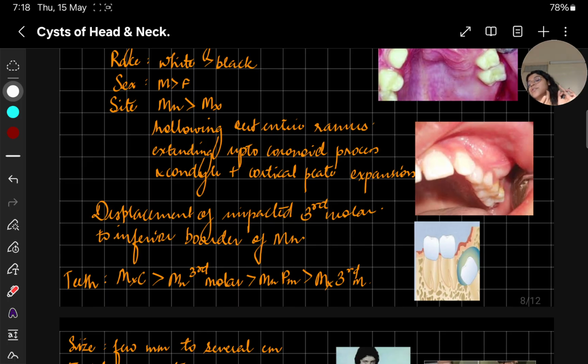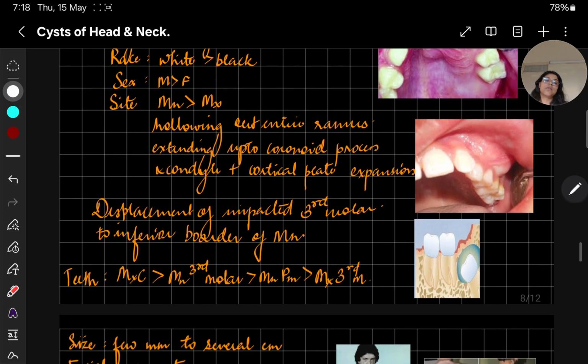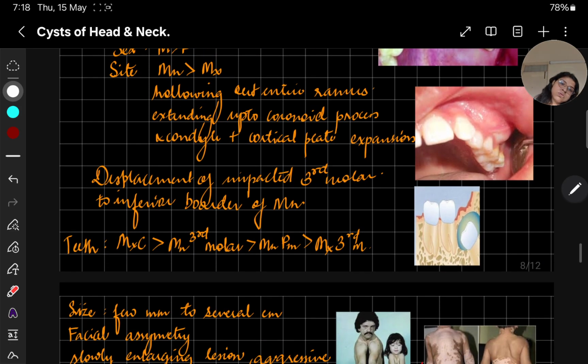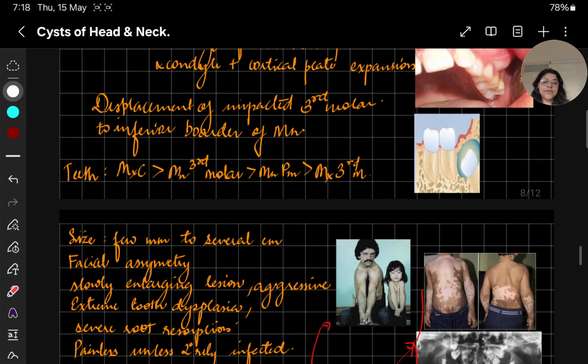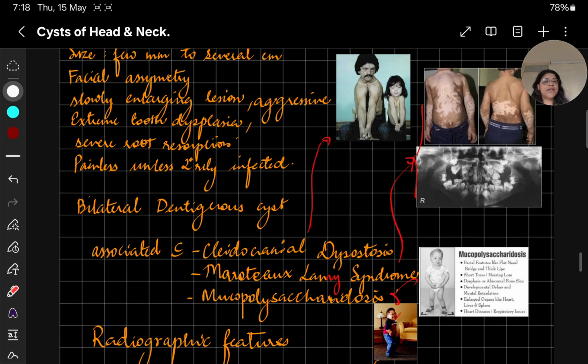Here, it reaches here. The teeth most commonly affected are the maxillary canine, as you see in this picture. No, this is not a maxillary canine. Either it is maxillary canine, mandibular third molar, mandibular premolar, or maxillary third molar. Now we see the size: from a few millimeters to several centimeters.